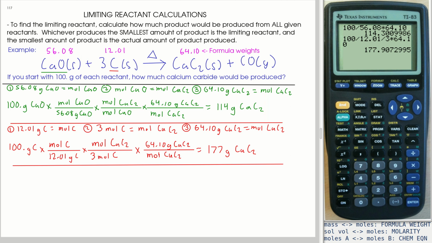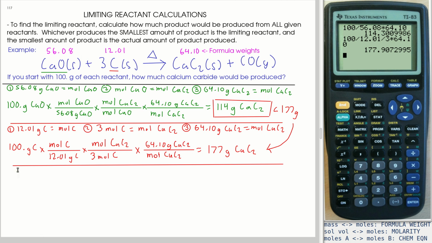So it turns out the correct answer is 114 grams of calcium carbide. That's a smaller amount than 177 grams that would have been produced if all the carbon had been used.